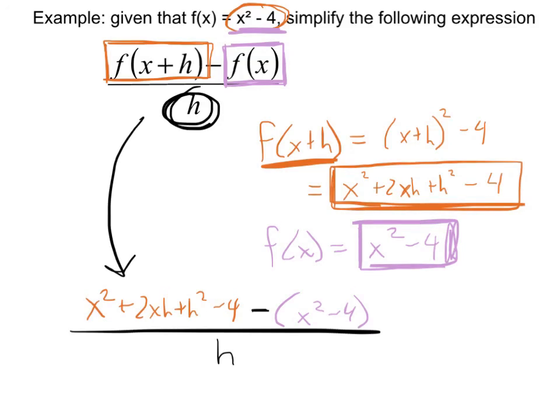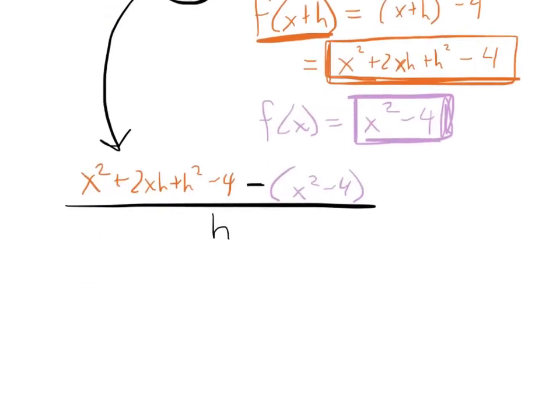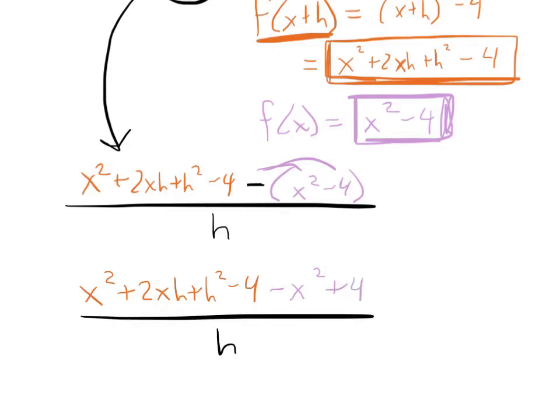And the idea is, I bet that we can do some great things in simplifying this. And in fact, we can. If I go through and simplify this, I still have my x squared plus 2xh plus h squared minus 4. Then distributing the negative, I end up with minus x squared plus 4, and it's all over h. So the cool thing that happens is, this is x squared minus x squared, and this is minus 4 plus 4.